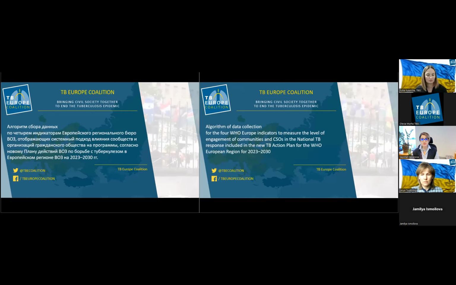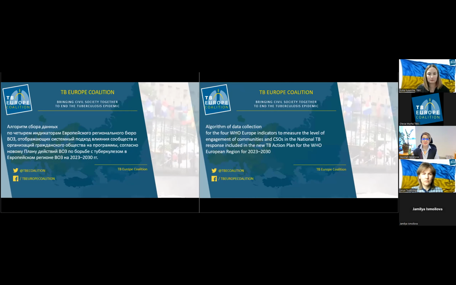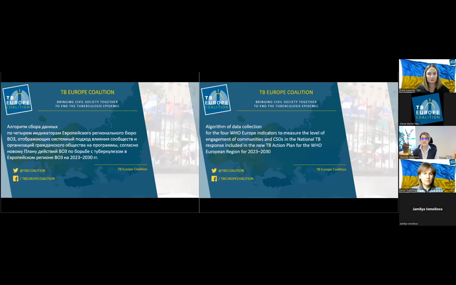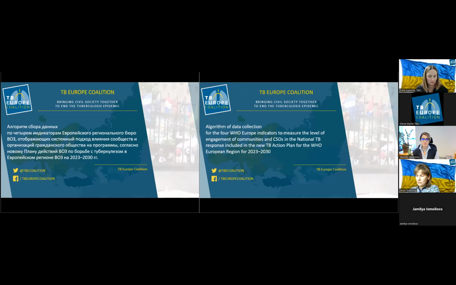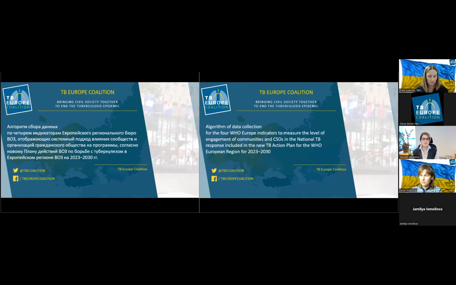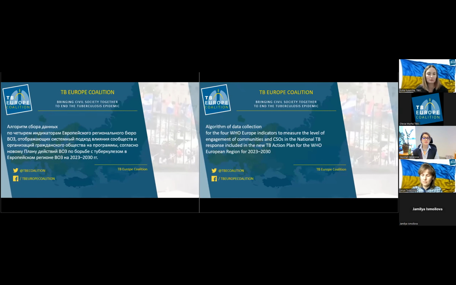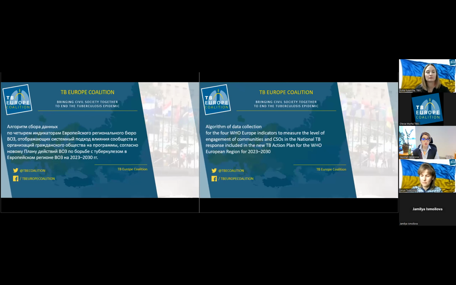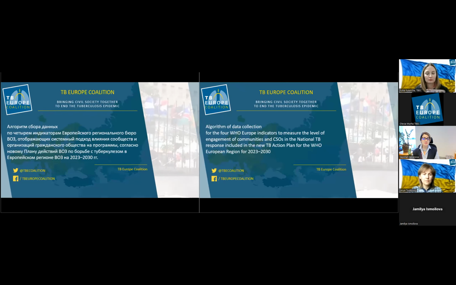So what's required there? It is necessary that you, civil society, and the communities affected by TB know their roles and their objectives, so that they can enhance their knowledge for effective and efficient implementation of these objectives. I'm glad that we have this initiative that was suggested by the European TB Coalition to enhance the capacity of civil society and communities affected by TB.